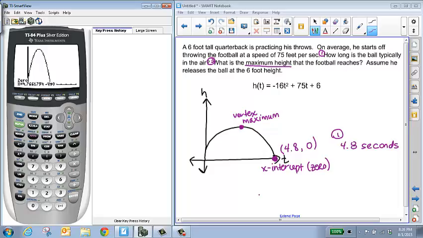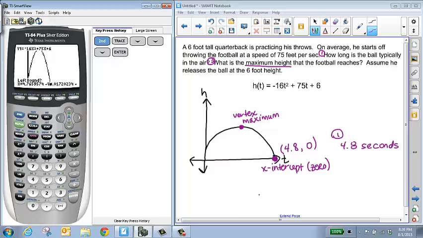What we can do is just jump to hitting second trace. And this time we're looking for the maximum point. So we're going to go down to number 4 where it says maximum, hit enter. And now you can see your cursor blinking back here.